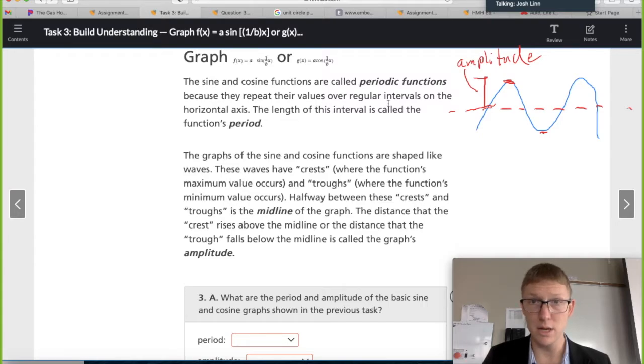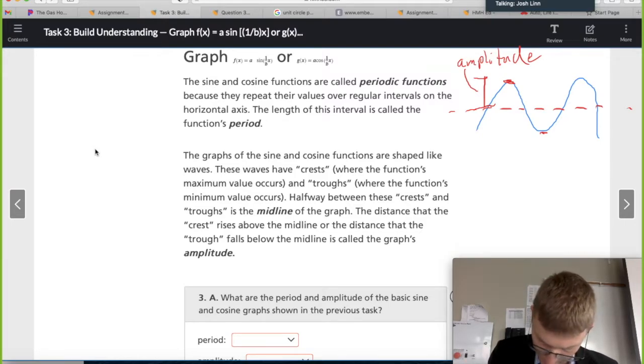So the period I had mentioned earlier is how long it takes for it to repeat itself, because they repeat their values over regular intervals. So in my case up here, we'll do the period in black.